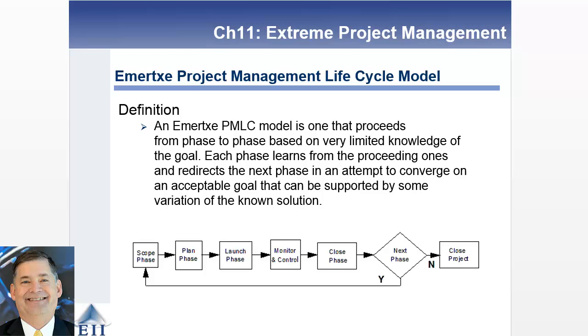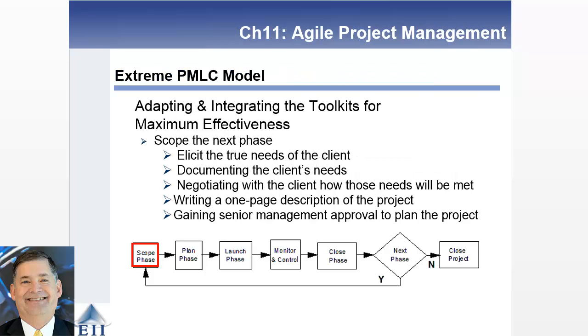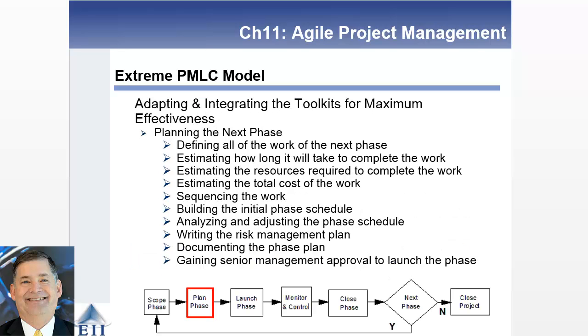As you're working through each one of these phases, again, it's very similar. You're going to have to go through a scoping phase, get senior management to buy off on going on another round of trying to adapt this solution to solve a particular problem. From there, you move into actually planning it out once you have that initial approval.